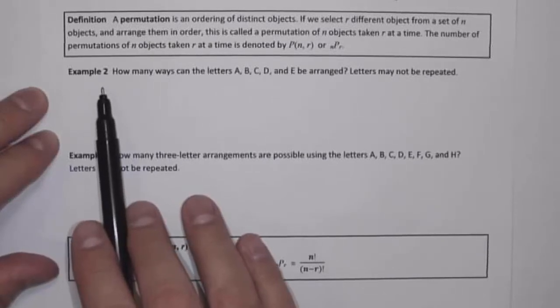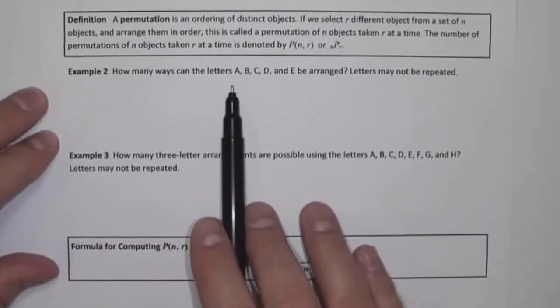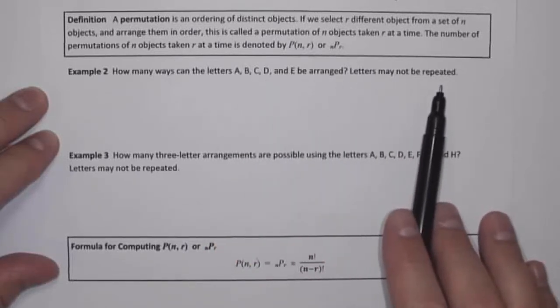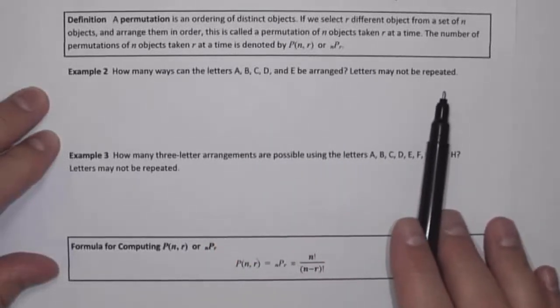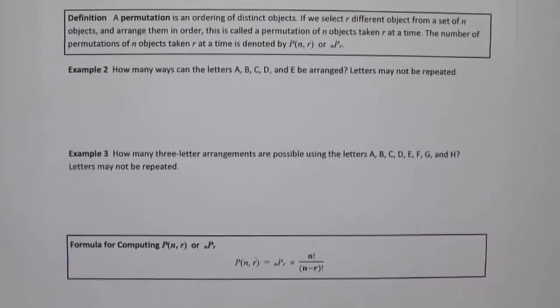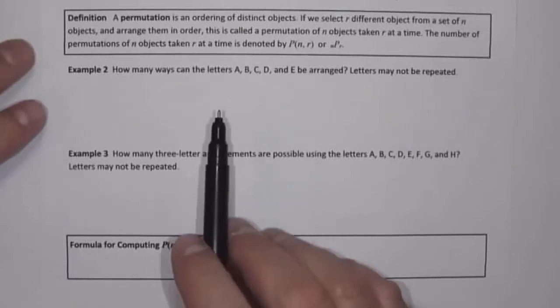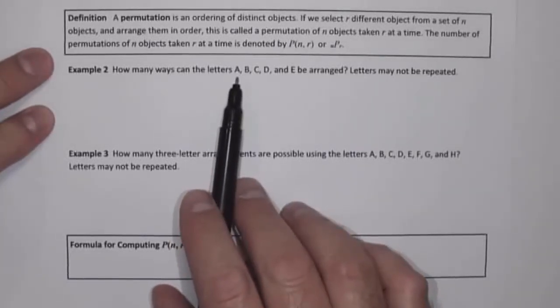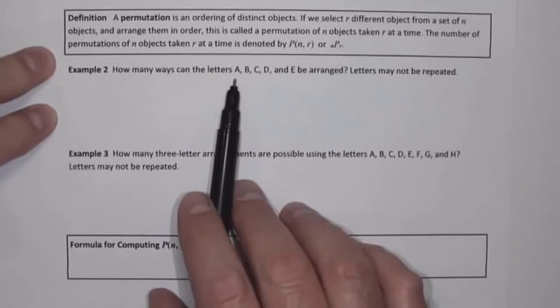Example 2. How many ways can the letters A, B, C, D, and E be arranged? Letters may not be repeated. Well, this is an example of a permutation problem. So we want to arrange the letters A, B, C, D, and E in different arrangements.